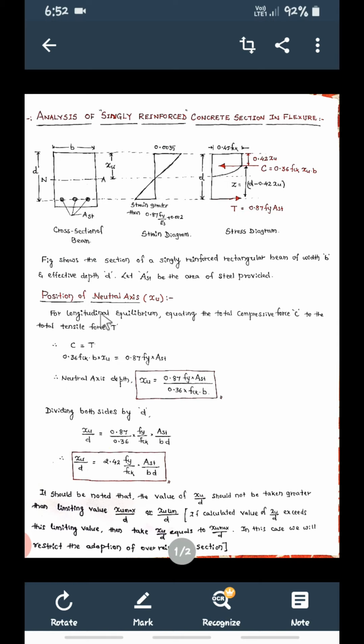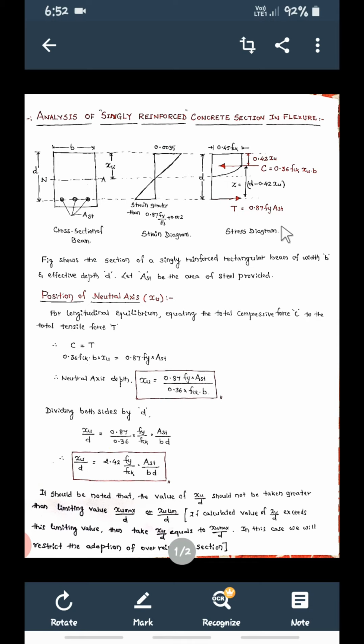For longitudinal equilibrium, whatever load comes, these two forces will always be balanced. So for equilibrium, we equate the total compressive force C to the total tensile force T. C is equal to T. Then only will equilibrium exist for this beam.